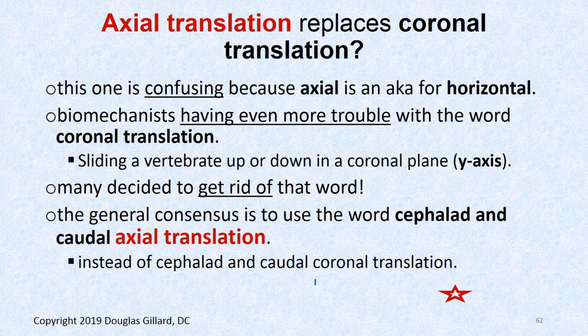So it's the sliding of a vertebra up and down the coronal plane, or the y-axis. And many decided to get rid of that word, and now they call it cephalad and caudal axial translation. Axial translation, right? And there's nothing I can do about it. That's just the way it is.